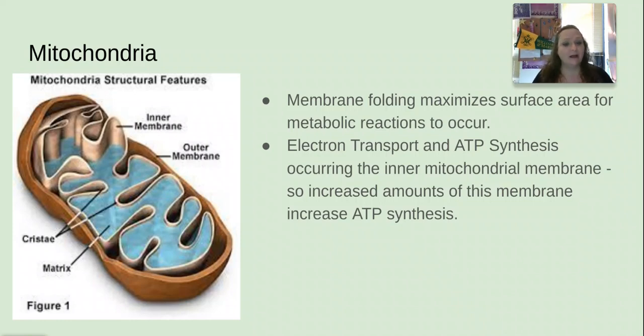And in the case of the mitochondria, this increases the amount of electron transport that can occur and increases the amount of ATP synthesis that occurs, thus allowing for more ATP to be made. If there is some type of damage to mitochondria and they don't have these highly folded membranes, we're not going to have the energy created that's necessary for life, and this actually leads to things like mitochondrial disorders.